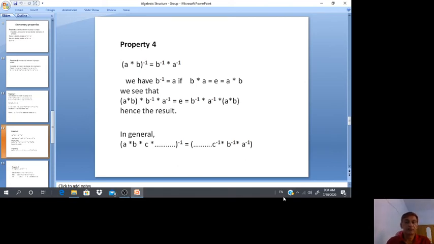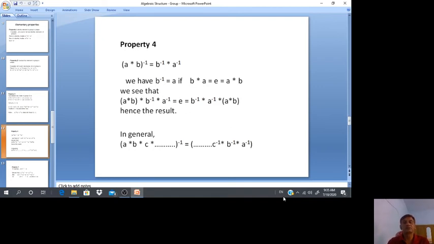So let us take another property. (a * b)⁻¹ is b⁻¹ * a⁻¹. By definition, if b⁻¹ is a, then we have b * a is e and a * b is e. So we have to show that the inverse of a * b is this.